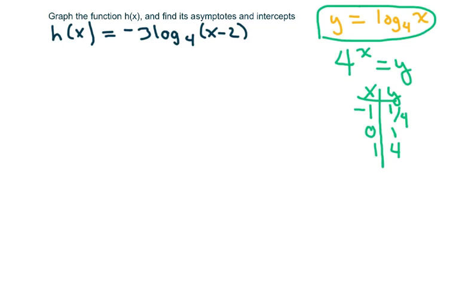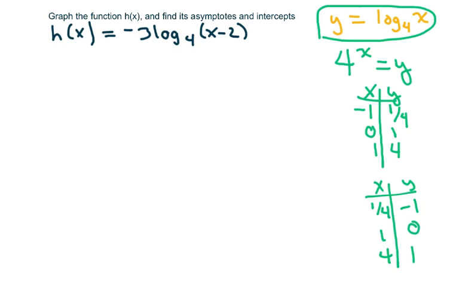Now to do the inverse, all we're going to do is switch the x and the y. So when I switch the x and the y, I'm going to get the log. I just switch the x and the y, and I get 1/4, -1, 1, 0, and 4, 1.